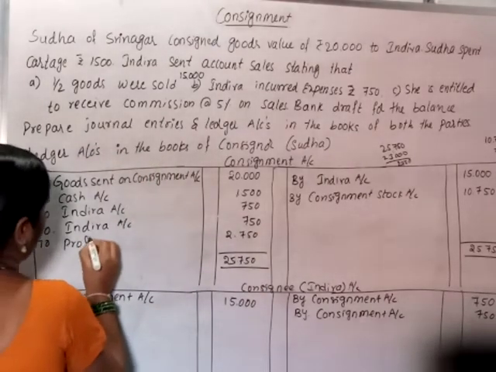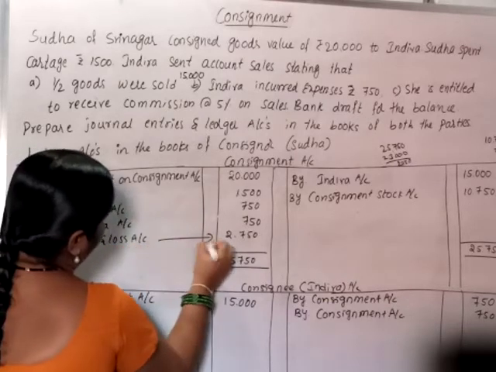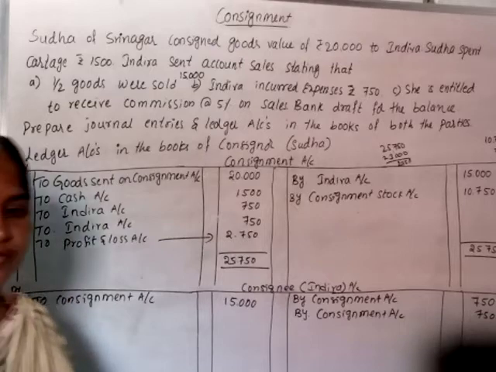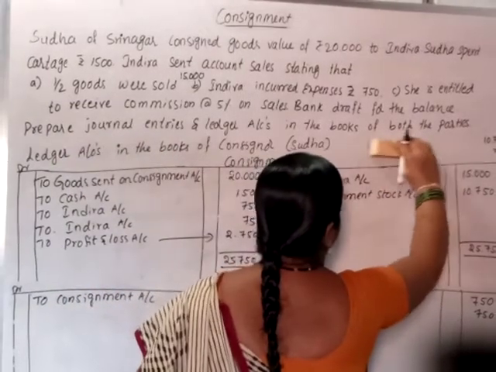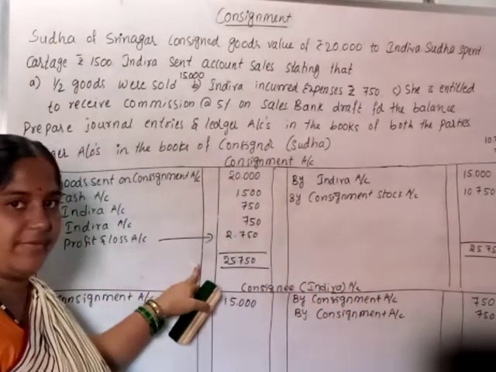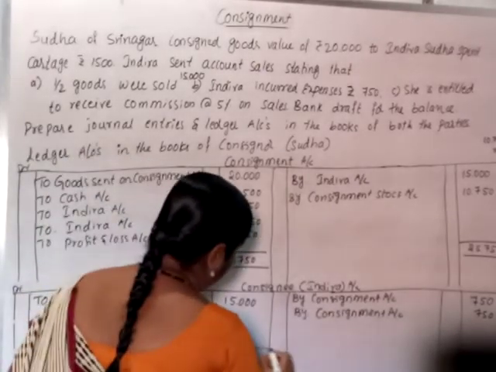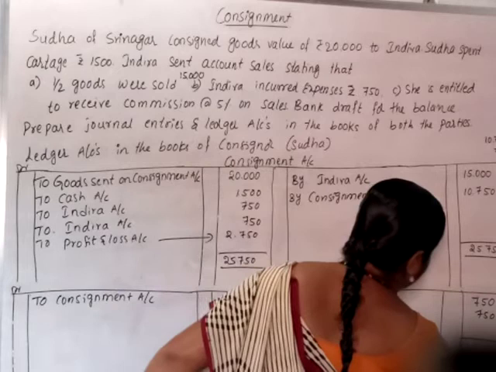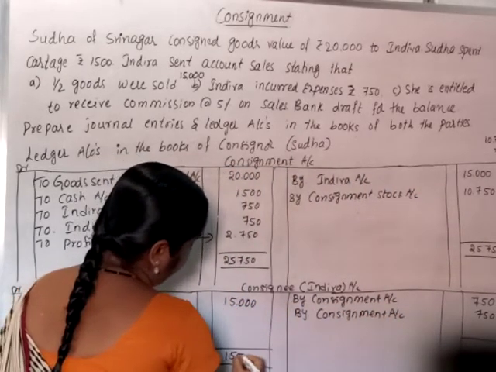So write here profit and loss account. This is your profit. Okay. And next one. Profit on consignment is 2,750. And find out the consignee account amount also. Here which side is more? Debit side only, 15,000 we have.